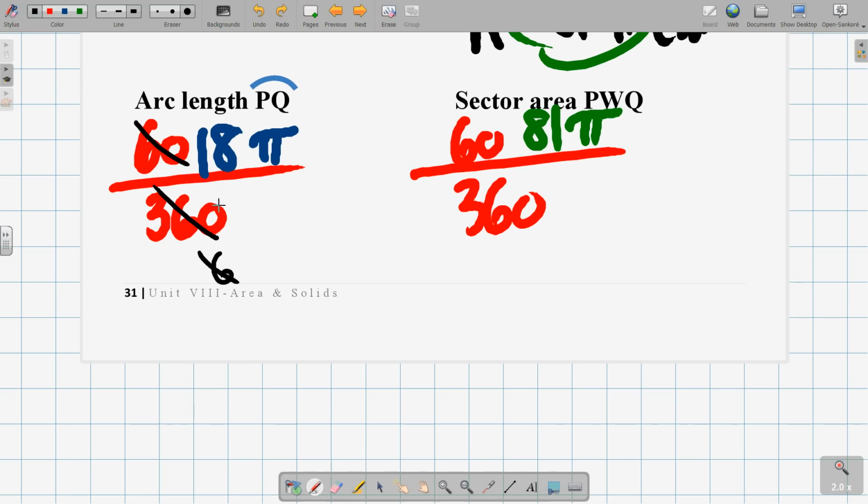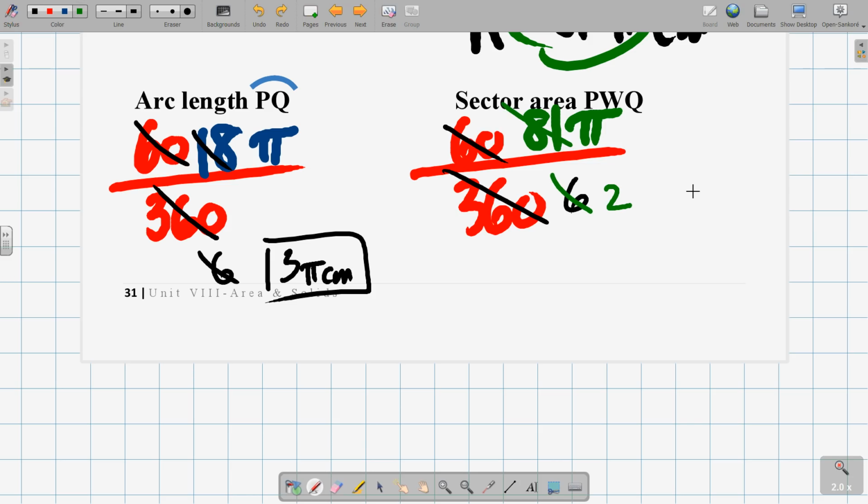That's 6 times 3. The answer here, 3 pi centimeters. That's arc length. That's going to be 6 as well. And 3 goes in there twice. 3 goes in there, what is it, 27? Yes, 27. Sector area is 27 over 2 pi centimeters squared.